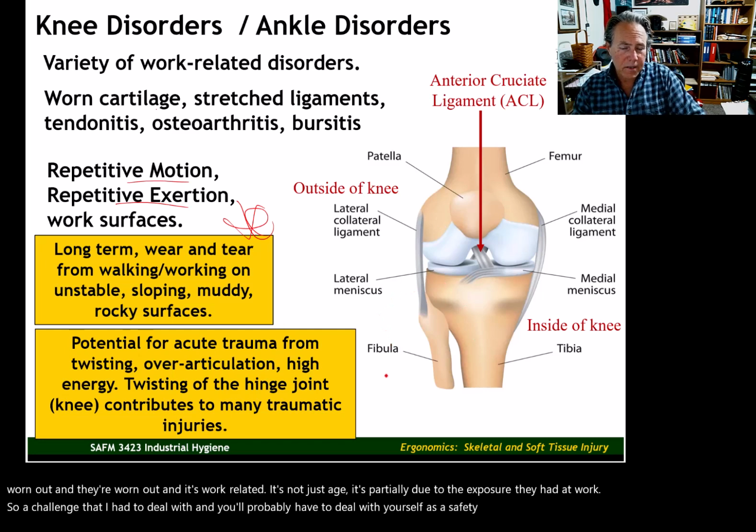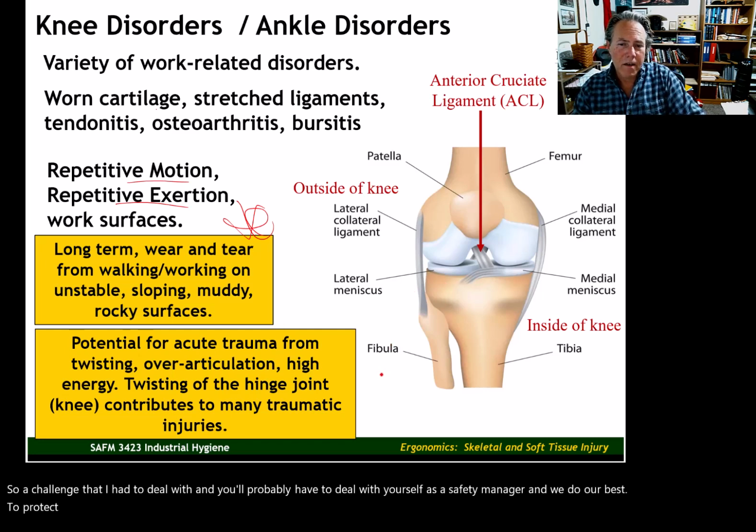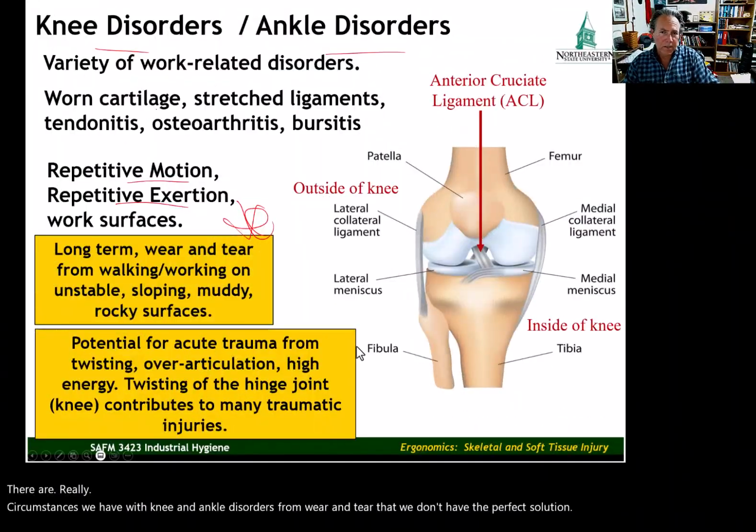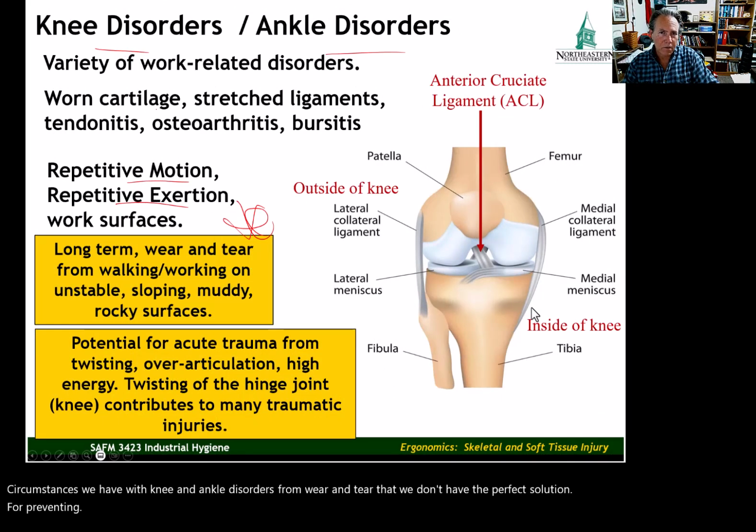We do our best to protect workers, but there are really challenging circumstances, like we have with knee and ankle disorders from wear and tear, that we don't have the perfect solution for preventing these types of disorders, these types of workers' comp claims.